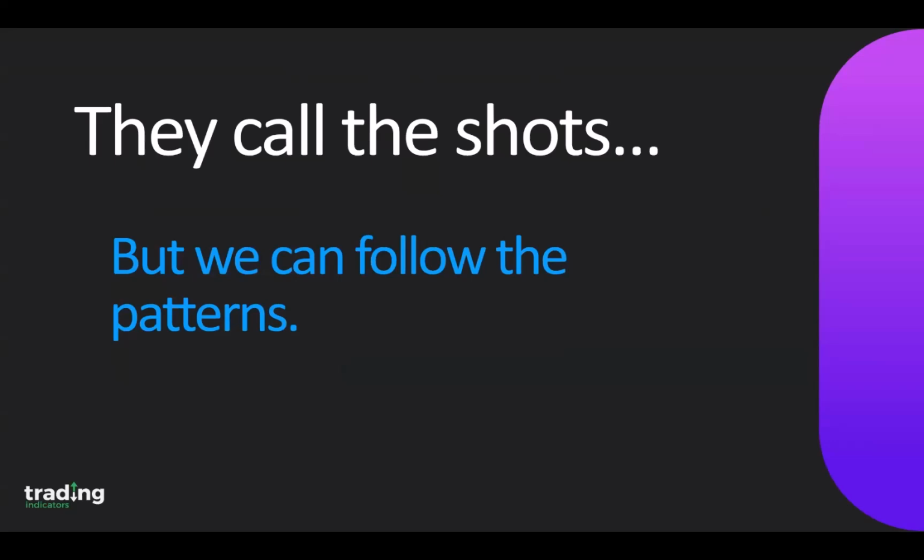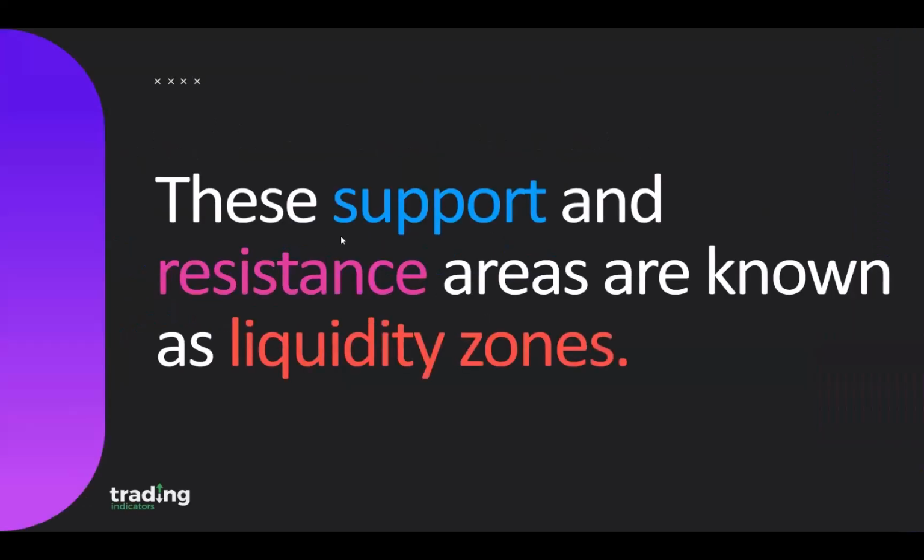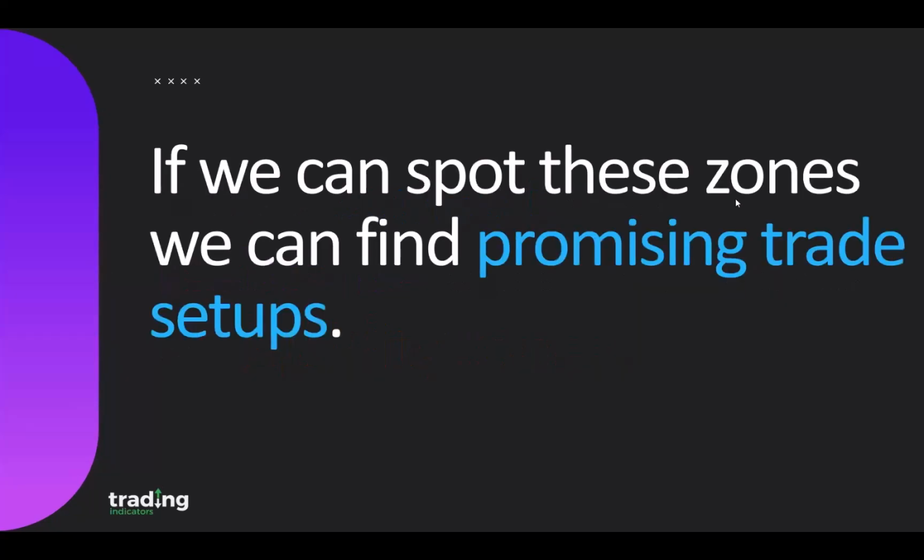We can take advantage of our knowledge of these levels, estimate how price will react to them, and then trade accordingly. Since volume tends to be quite high at these levels, there tends to be a lot of liquidity. Oftentimes, these support and resistance levels are also called liquidity zones. Now, if we can spot these zones, these key levels, as mentioned before, we can find promising trade setups.